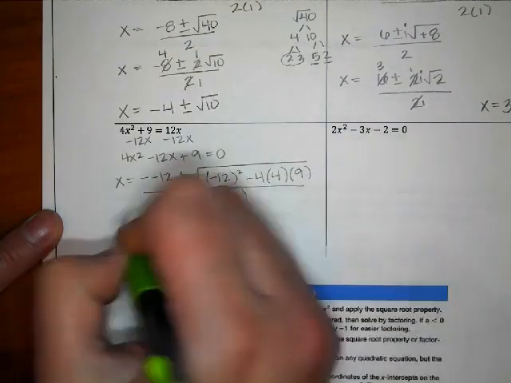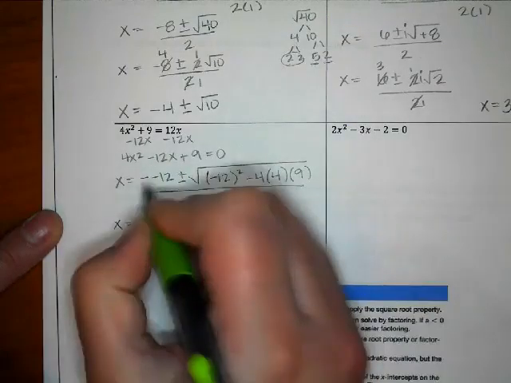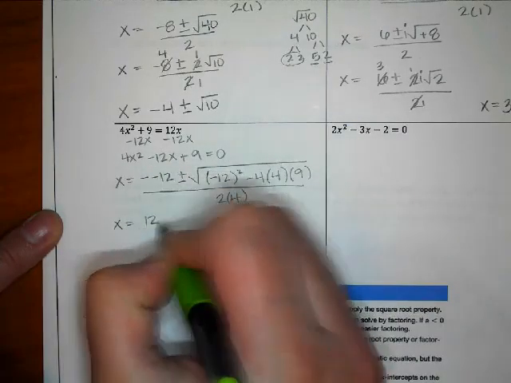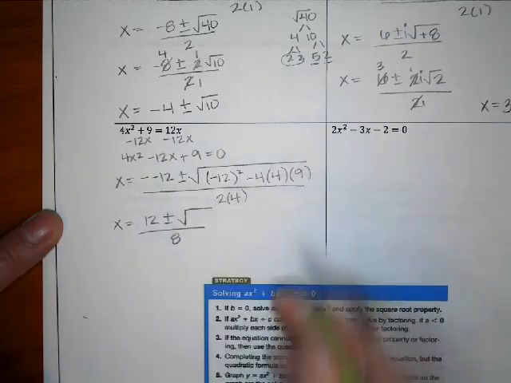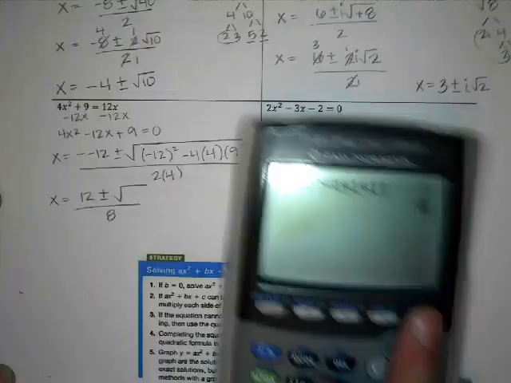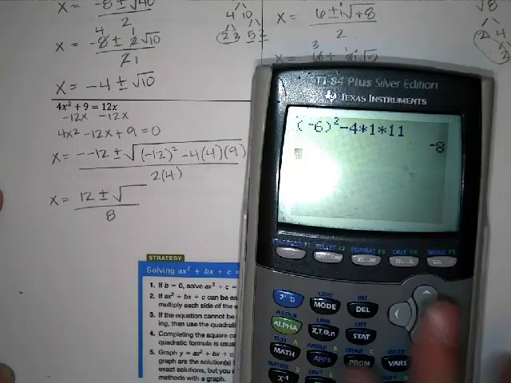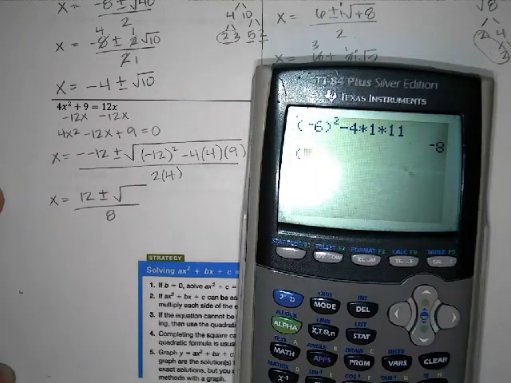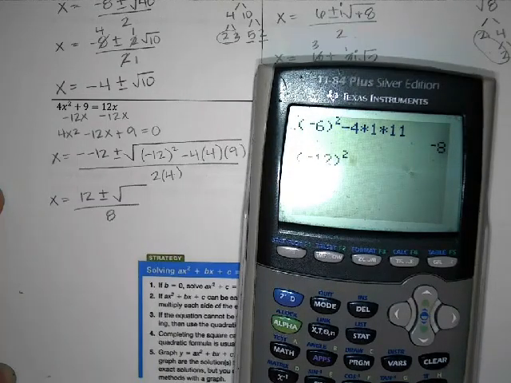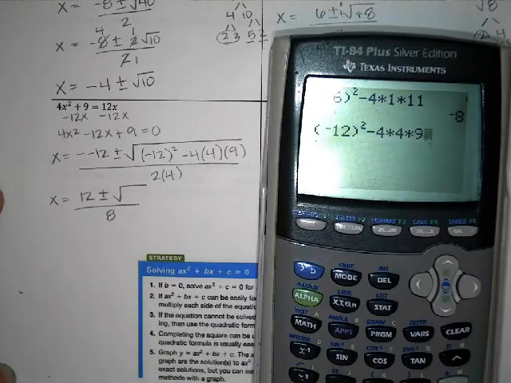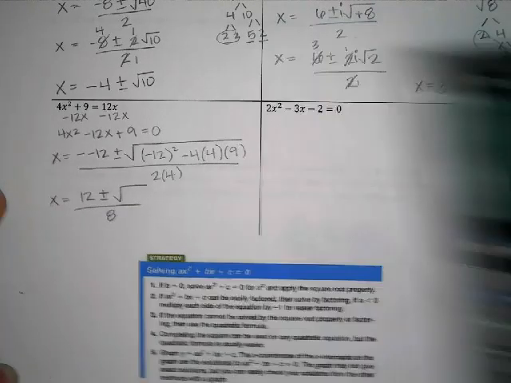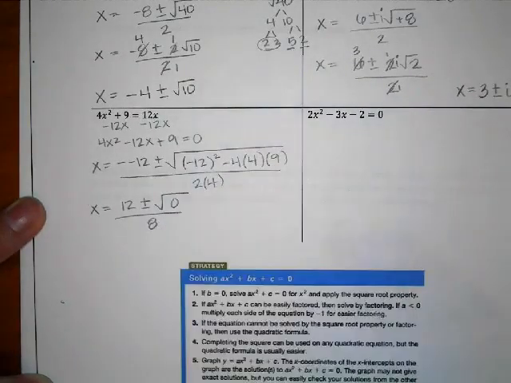So that makes positive 12. And I need to type in negative 12 squared minus 4 times 9. That's 0. This discriminant is 0, so the square root is just not even going to matter in this problem.